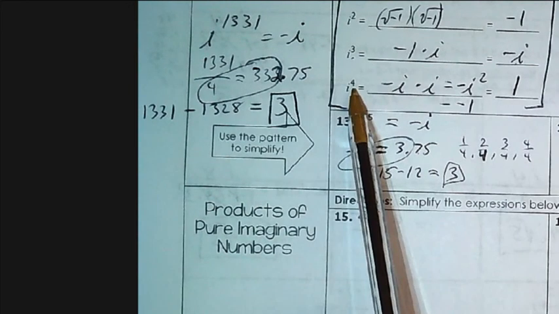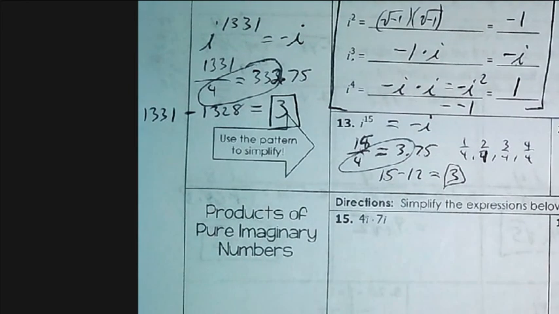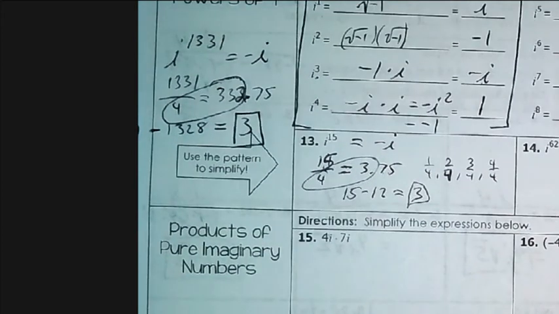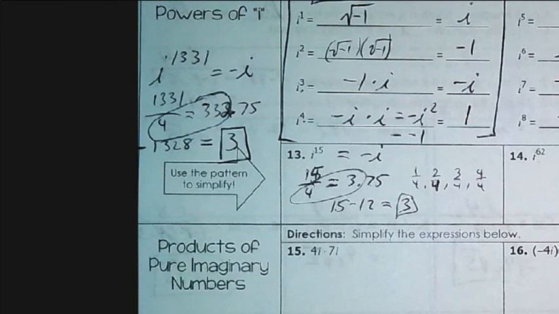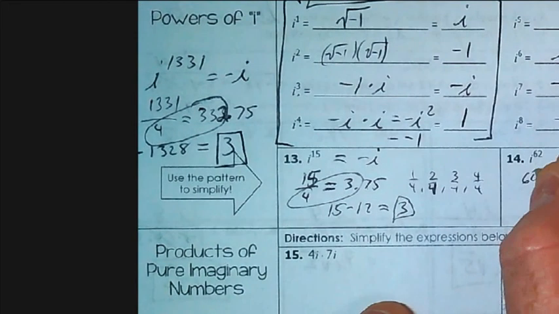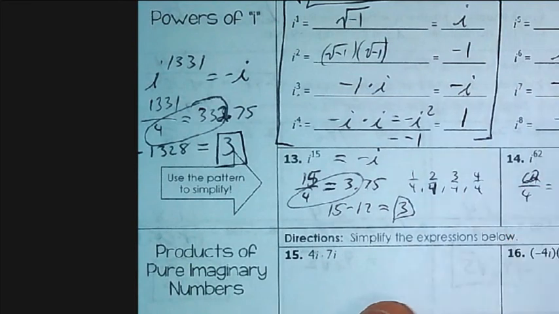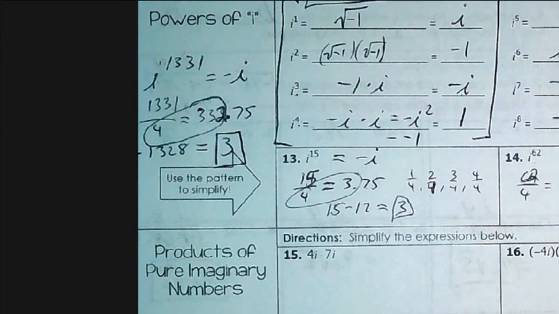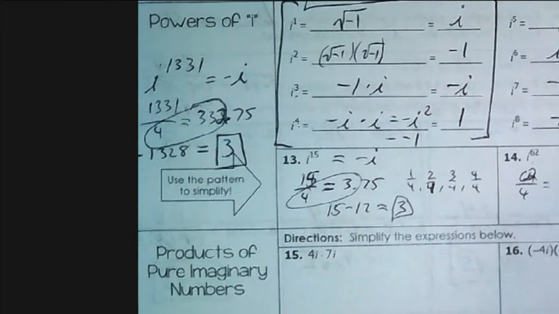All right, let's do 60. Y'all do i to the 62nd on your own. All right, so i to the 62. You do 62 divided by 4, which is 15.5. Now, this .5 tells me that that's 2 over 4. 2 over 4 tells me that my remainder is 2.